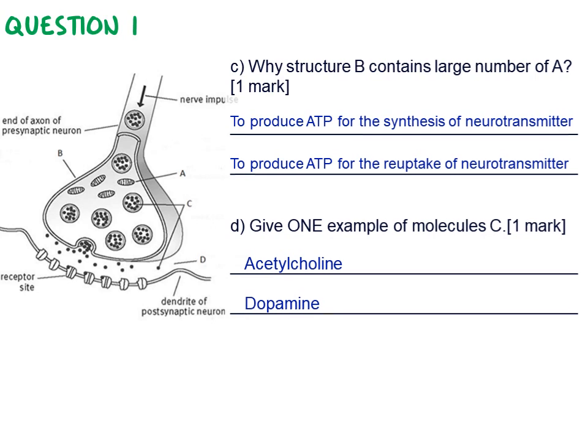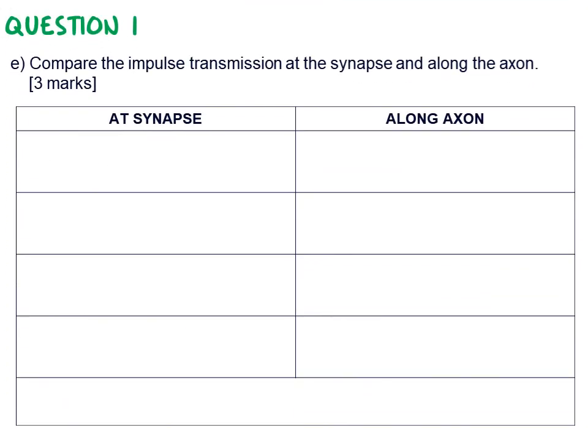Okay, then compare the impulse transmission at synapse and along the axon. 3 marks. So when we have the word compare, means you have to write differences and similarity.